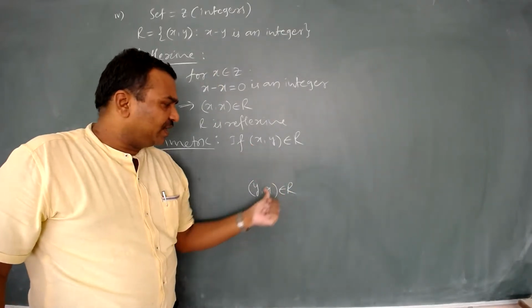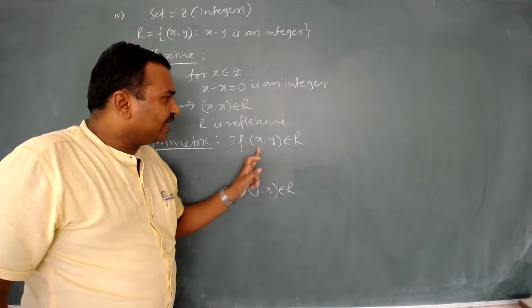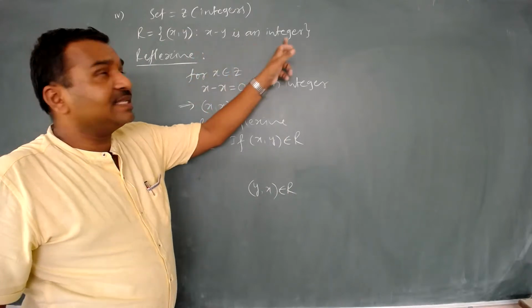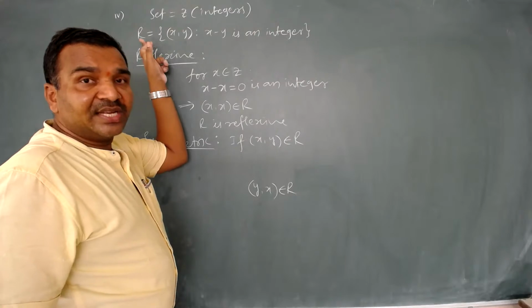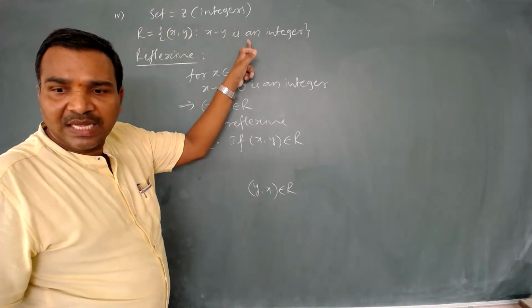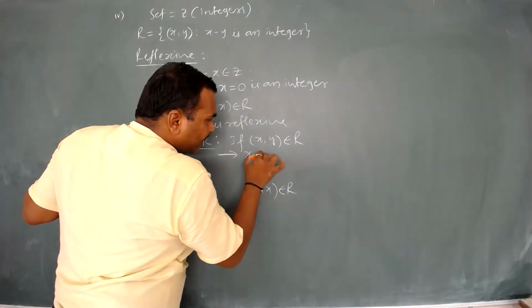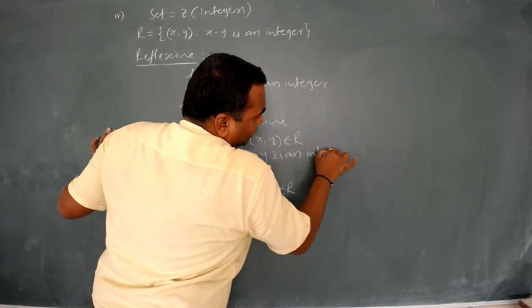If you take x, y, then we have to prove y, x belongs to R. Check it now. First of all, x comma y belongs to R means what? X minus y is an integer. If an element is in the relation, that element satisfies the condition. That's why I am writing x minus y is an integer.